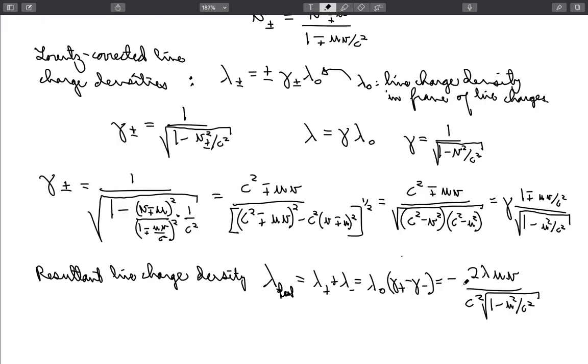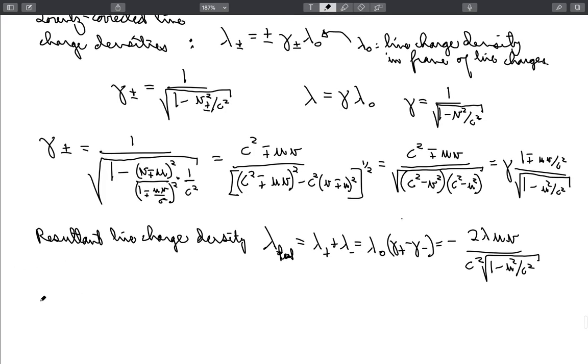Okay, so the gamma that we had here combines with the lambda 0 that we have to just produce the factor of lambda that we have here. So this is quite interesting because in this frame, the wire is charged.